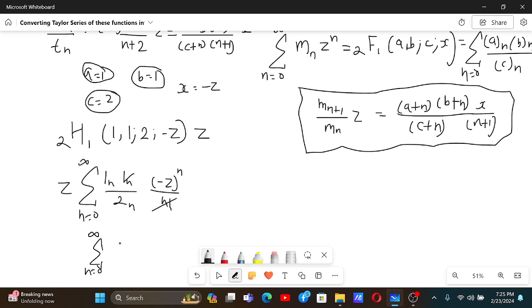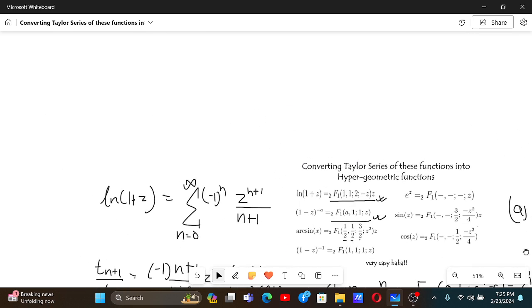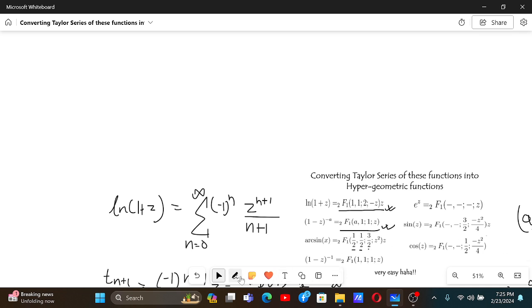Now we have 1 by n plus 1 factorial, so 1 by n plus 1, and minus 1 to the power n, z to the power n plus 1. Only now this works. That's why we needed to multiply this by z. We need to be careful about first terms even after comparing the ratios. Now let us go to the second problem.